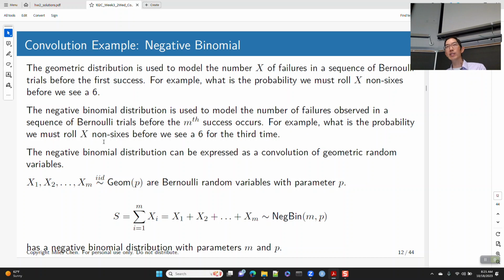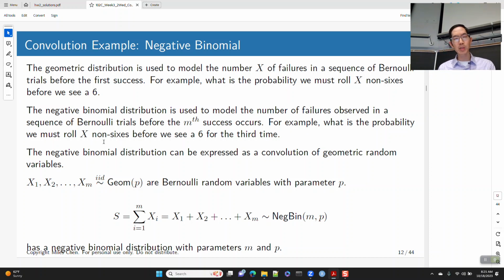But you have this situation where you're waiting for the thing to happen the mth time, and you want to know how many of these things we have to do. All we have to do is take geometric random variables and add m of those together. So how many non-6s do we have to roll before we get the 6 for the 3rd time?